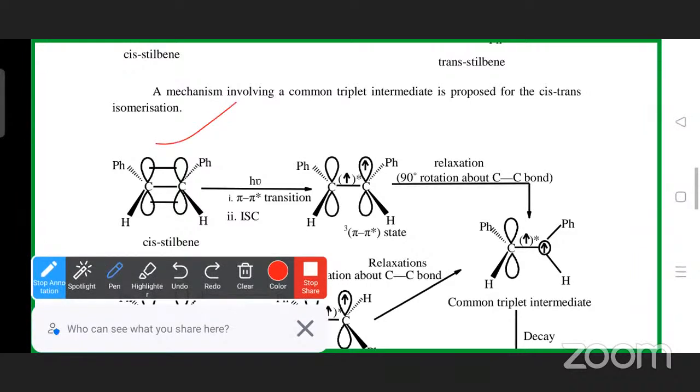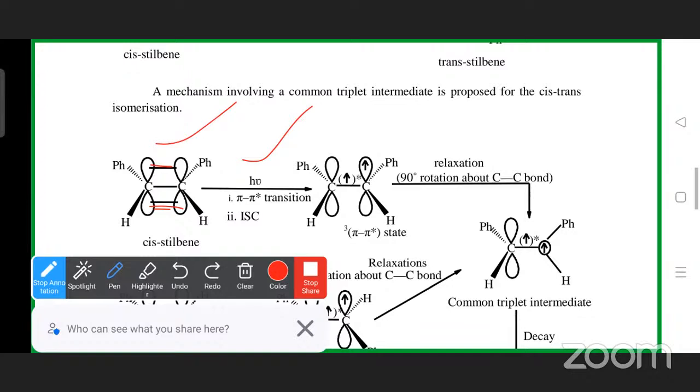Okay, and here the p orbitals, by side to side overlapping of the p orbitals here. Okay, so upon irradiation with this photo light, it requires a higher excited state, like singlet or triplet, whatever.